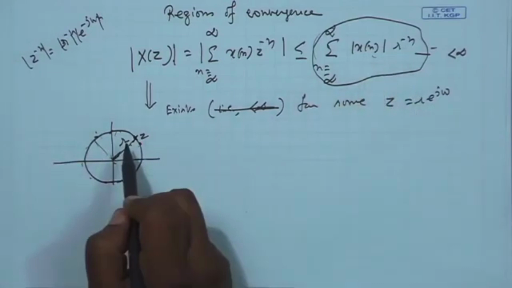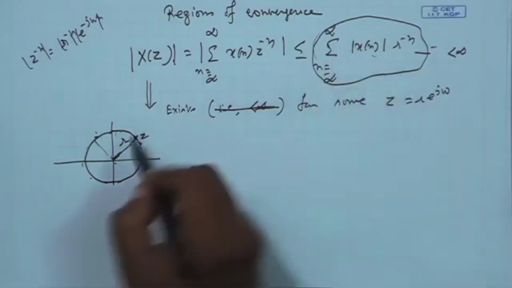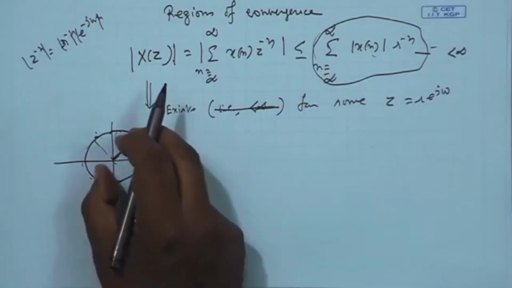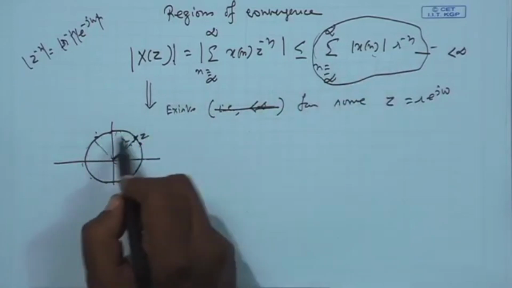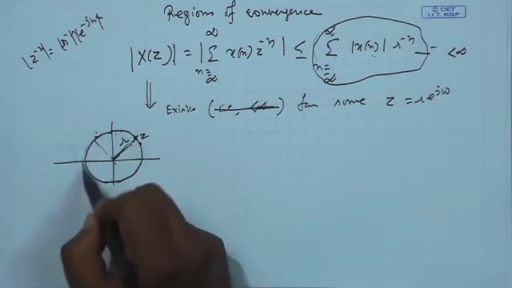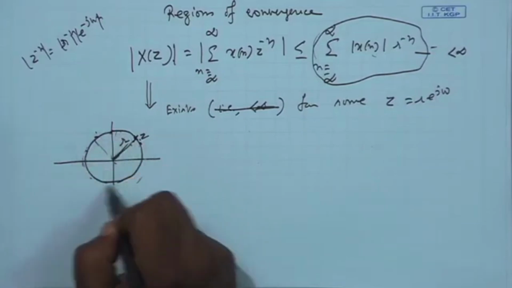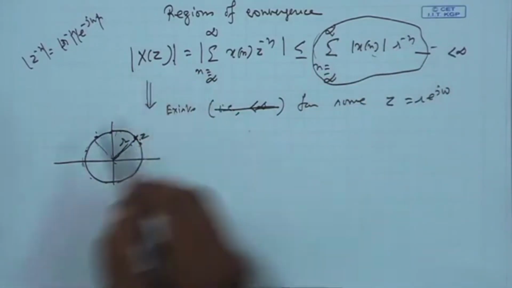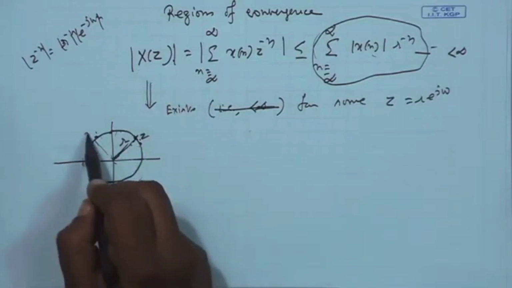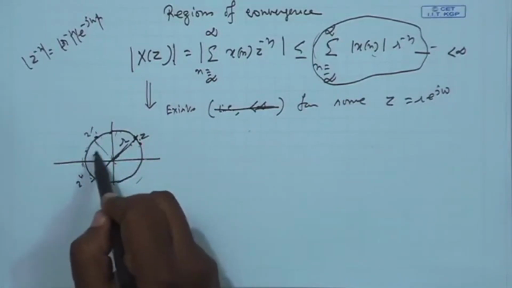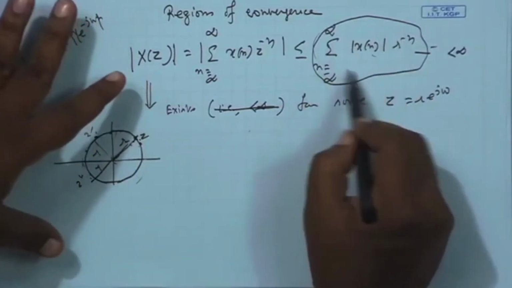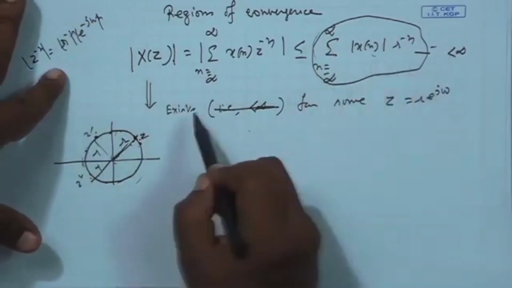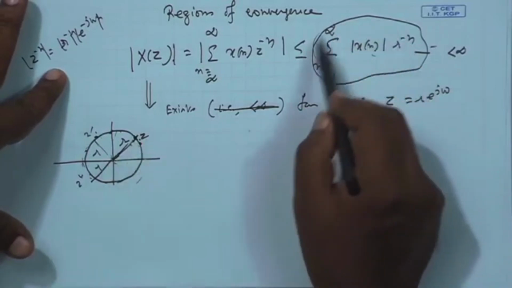So, if this summation exists for any z, then you draw a circle through that z, taking the magnitude of that z as the radius r. Then on the whole circle, moving from z to z prime to z double prime, anywhere, at every point this summation will be finite, and therefore the z transform will exist, because at every point the magnitude will be r. Since I am saying the z transform is existing, this is finite for one z for which the magnitude is r. So, that means this summation is finite.